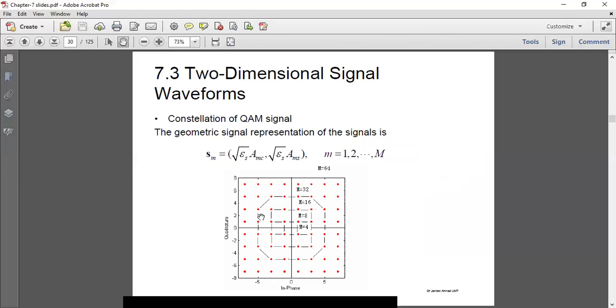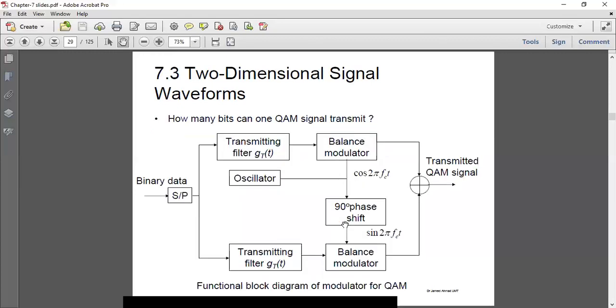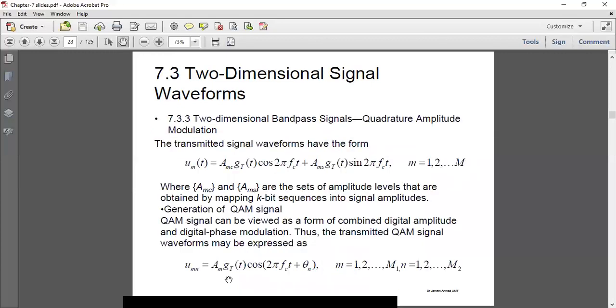This is called 64 QAM. You see that the amplitudes are changing, and also the phase will change from this expression. So you can get various values of Am and various values of theta n. The points will be changing their magnitude as well as their phase.